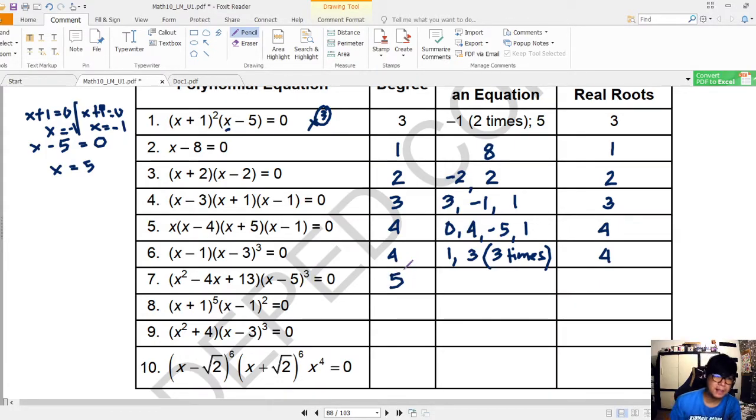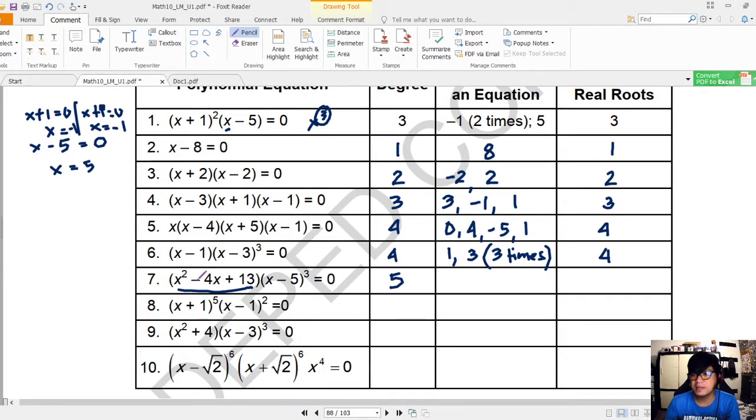So, anong napansin nyo? This one is a quadratic expression, tama? Pero hindi siya na-factored form. So, we cannot identify automatic the real roots here. So, kailangan nyo i-apply. Ano ba yung mga natutunan nyo how to get the roots of a given quadratic equation.